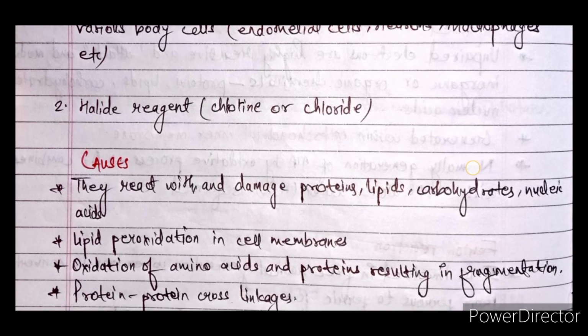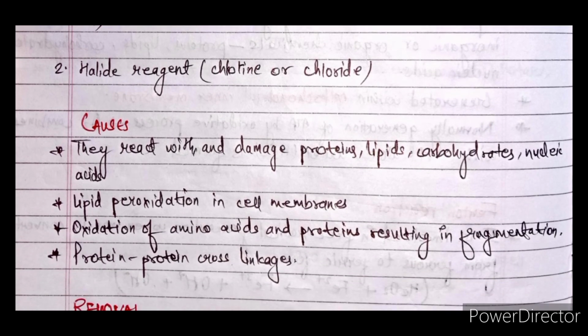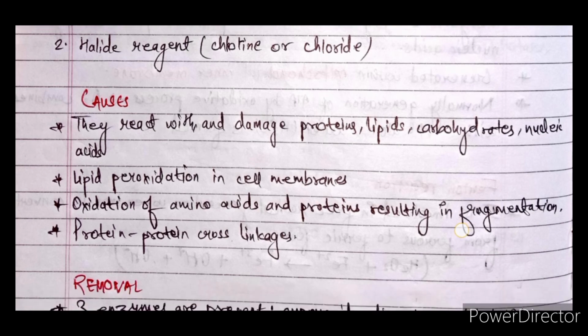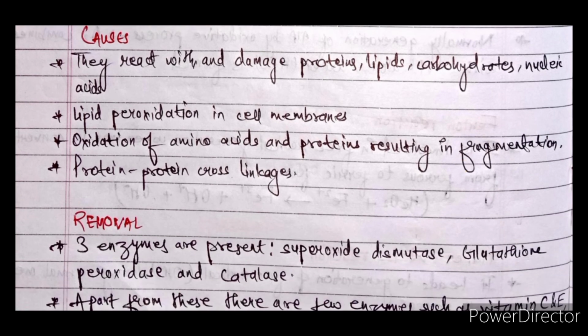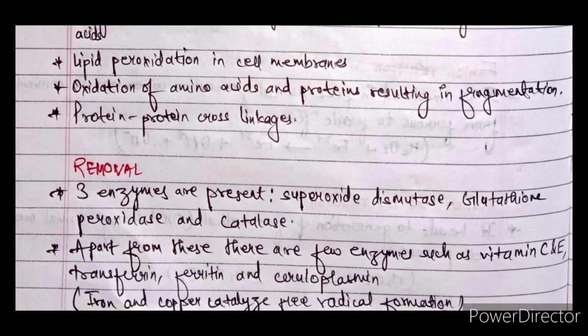So, what are the causes? They react with and damage proteins, lipids, carbohydrates, and nucleic acids. Lipid peroxidation in cell membranes, oxidation of amino acids and proteins resulting in fragmentation, and protein-protein cross linkages are the causes of free radical injury.